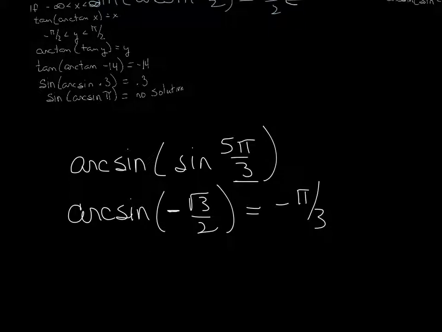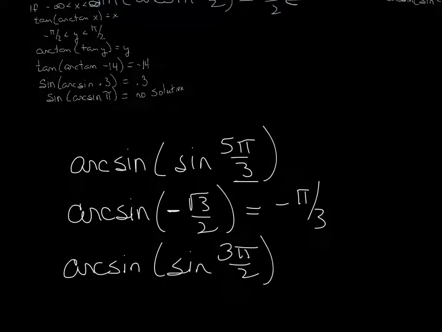So if I have the arc sine of the sine of 3 pi over 2, is 3 pi over 2 in the correct interval? No. Well, no, we can get a solution.